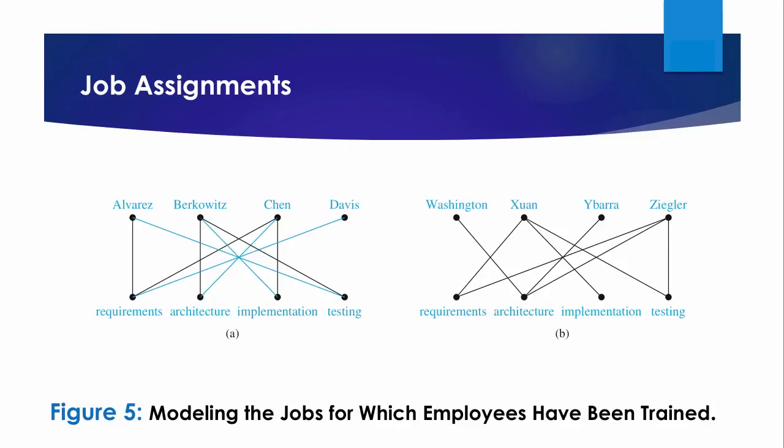So this graph is bipartite, where the bipartition is E and J, where E is the set of employees and J is the set of jobs. We now consider two different scenarios. First, we model these employee capabilities using the bipartite graph in figure 5a, and second, a second group also has 4 employees, so we model these employees' capabilities using the bipartite graph shown in figure 5b.